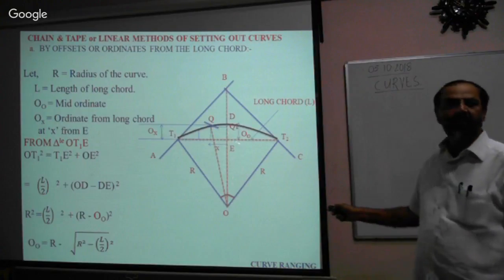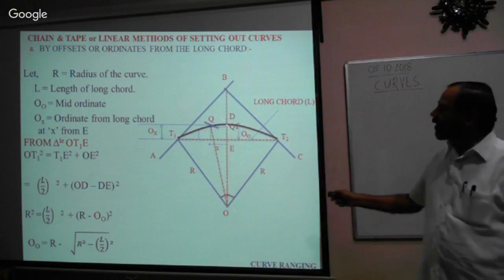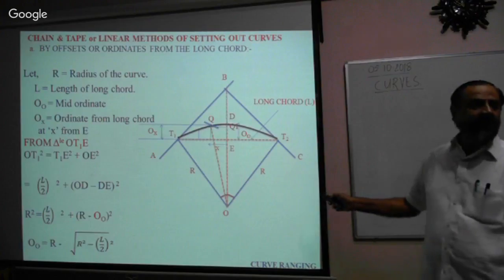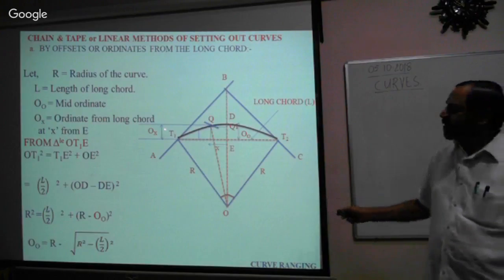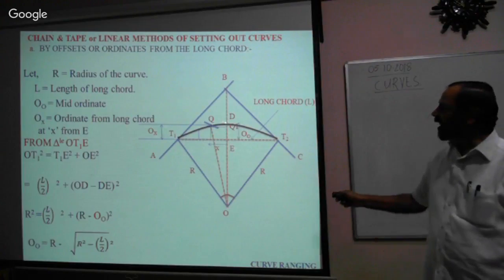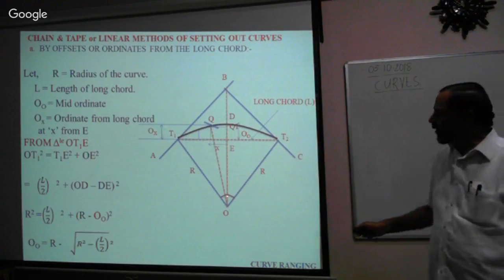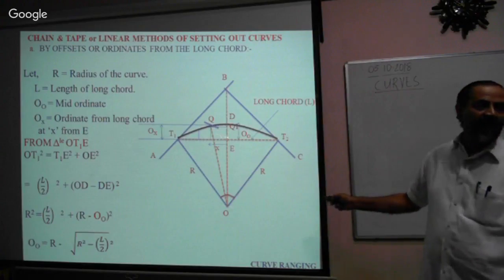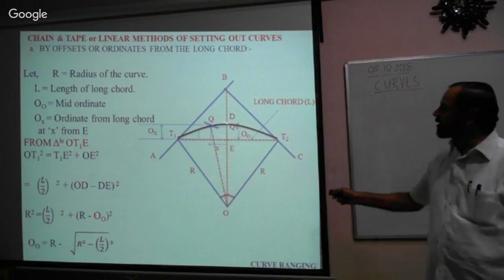Now from O to D, what is this? It is the radius of the curve. Now from here to here it is again radius, and from here to here it is radius.